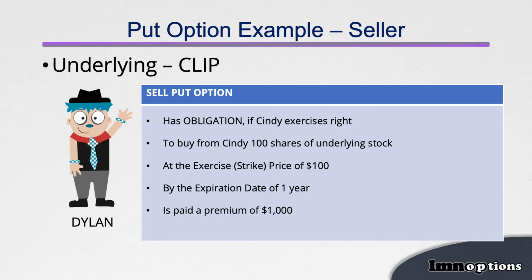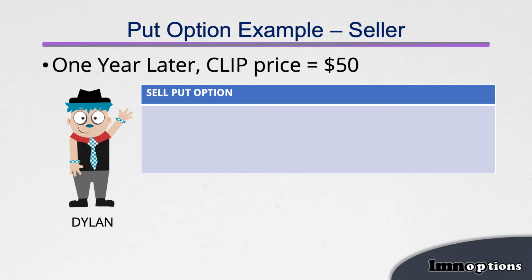In our first scenario, Cindy was right about her prediction and the price of the Clip falls to $50. Therefore, Cindy will exercise her right, and as a seller of the put option, Dylan must buy 100 shares of Clip from Cindy at the exercise price of $100.